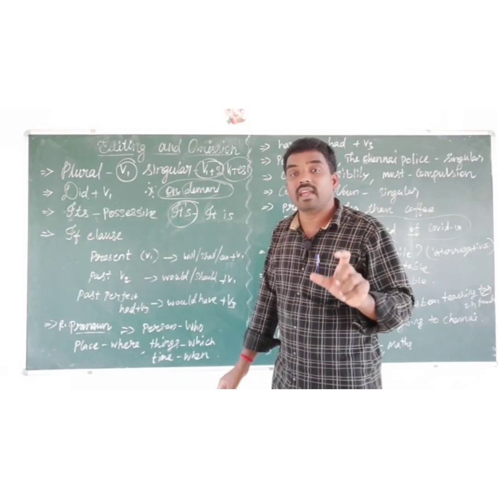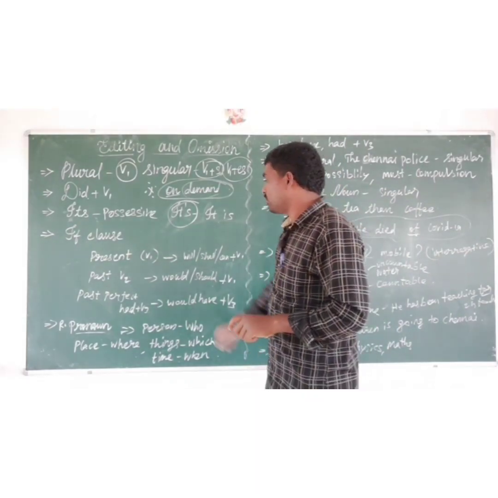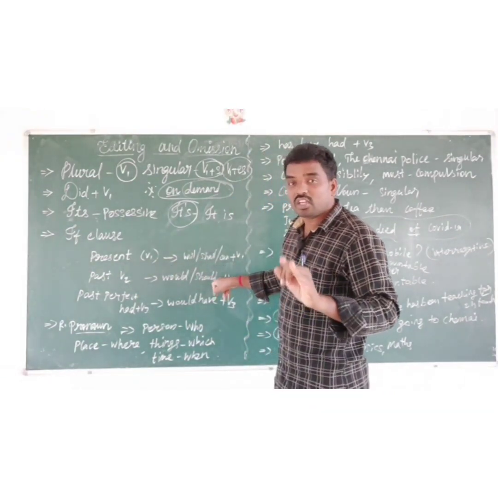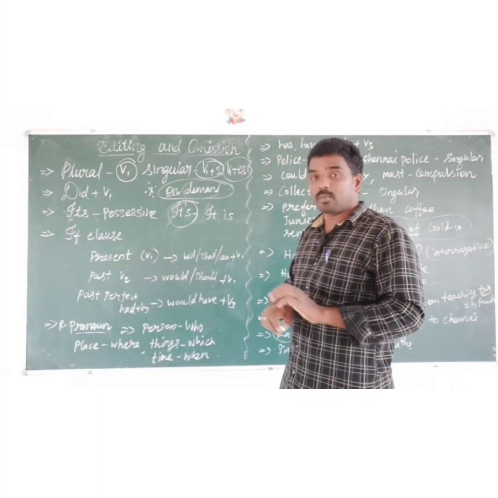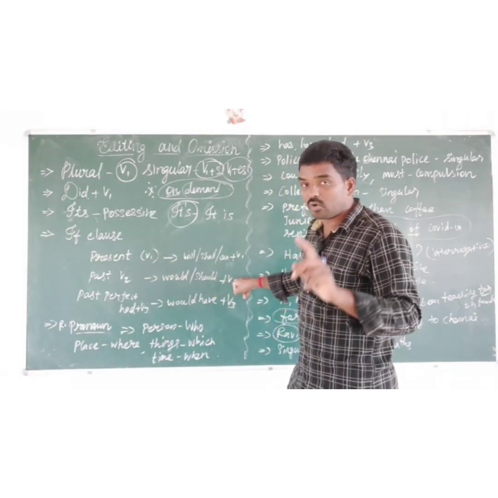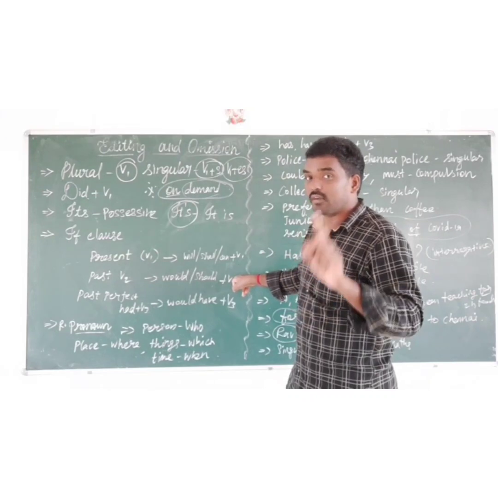Verb 2. So the first part is verb 2, and the second part is would, should, could, might plus verb 1. After modals we want to use verb 1. Don't forget, after modals we want to use verb 1.